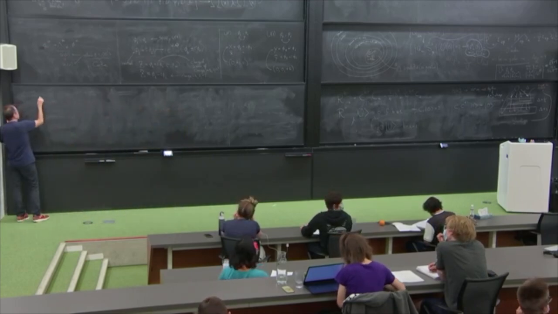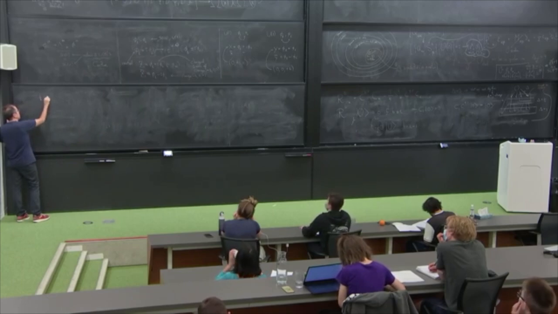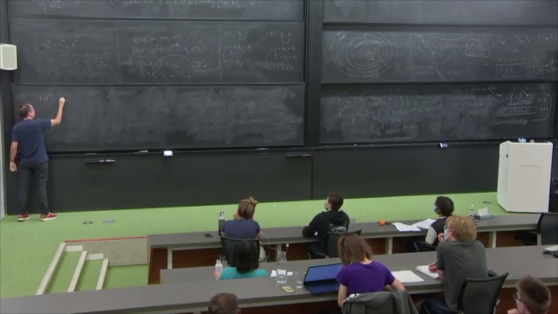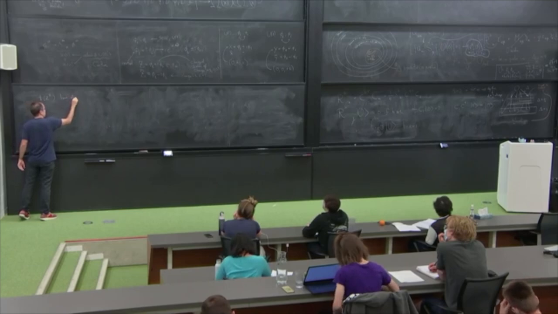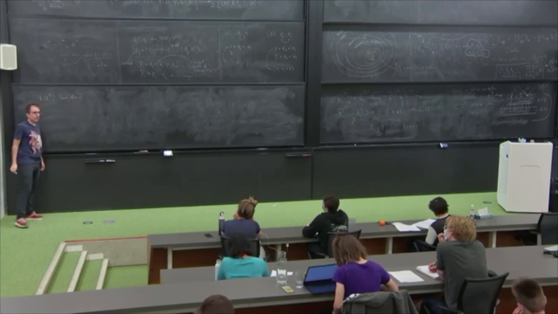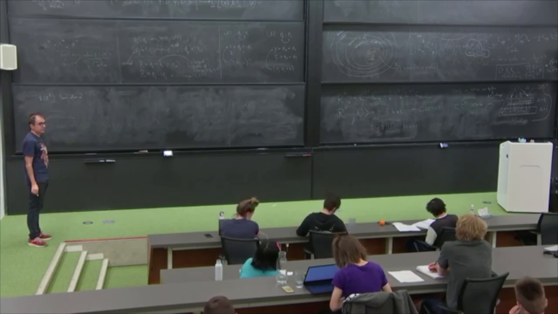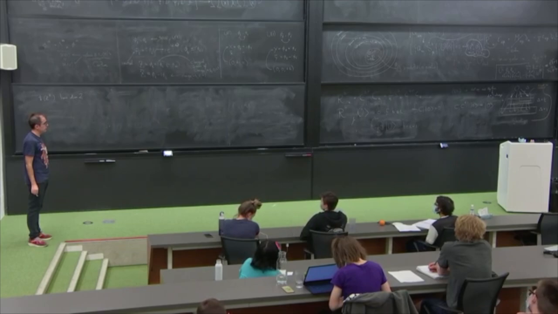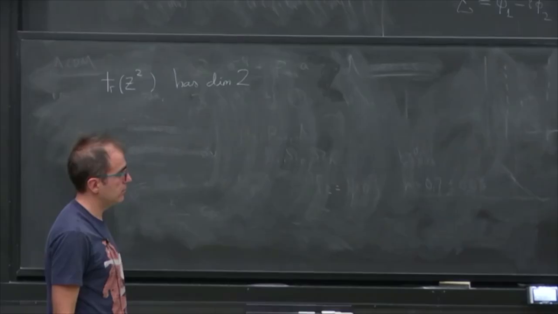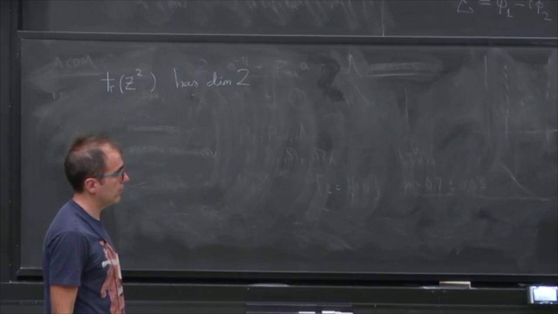So in particular, trace of z square has dimension 2. I agree that it's going to be a representation with delta equals J. How do you know it's going to be the same representation? What if it's another branch on that structure? How do you know you're not going to start mixing branches, so to speak?